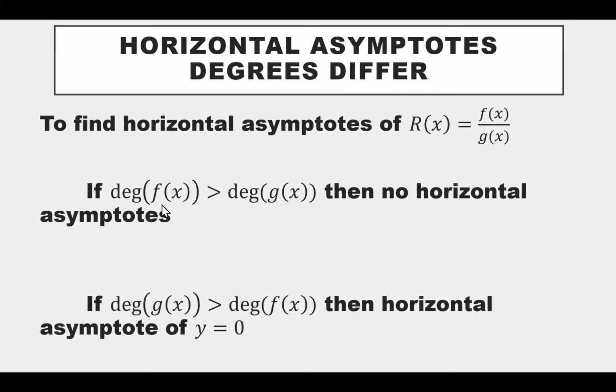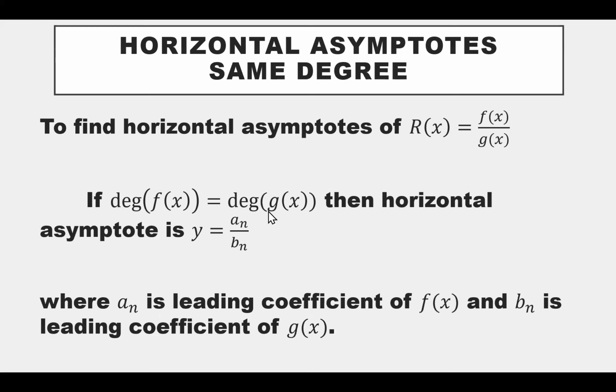So if the degree of the numerator is bigger than the degree of the denominator, then we get no horizontal asymptotes. If the degree of the denominator is bigger than the degree of the numerator, then we will have one horizontal asymptote of y equals 0.